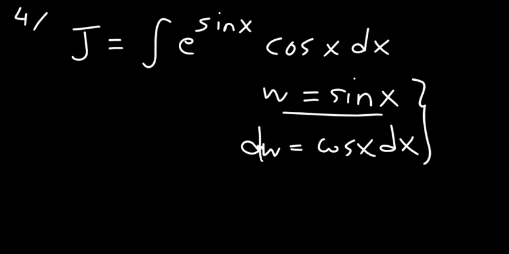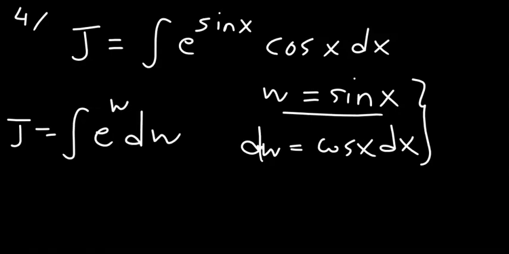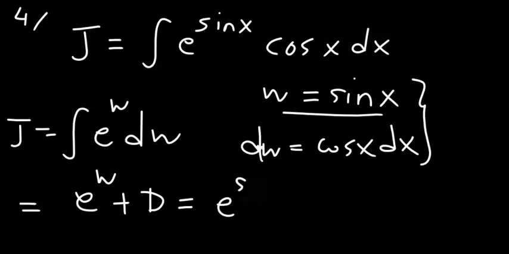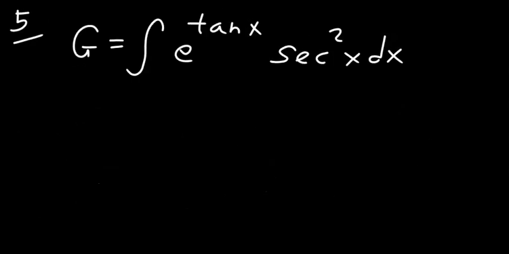So substituting these results inside the integral, j becomes e to the power w, cosine x dx is dw, and the answer is just e to the power w plus an integration constant, call it d. Putting back the expression for w, you get e to the power sine x plus the integration constant d, and that is the result.